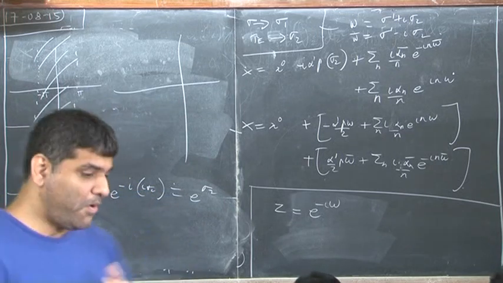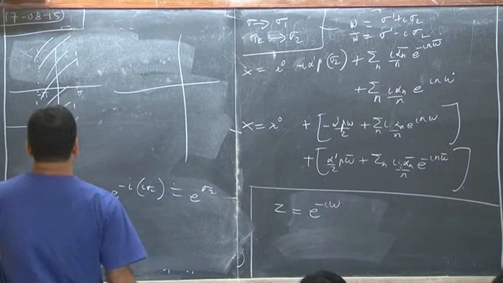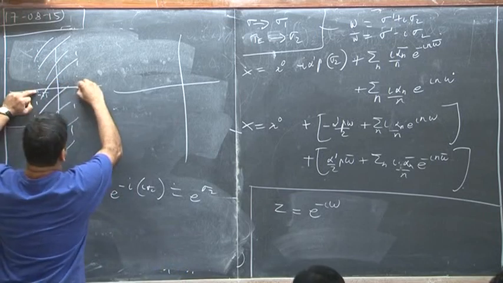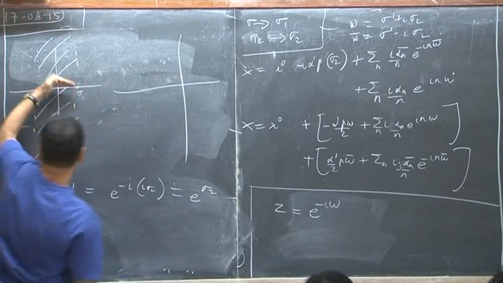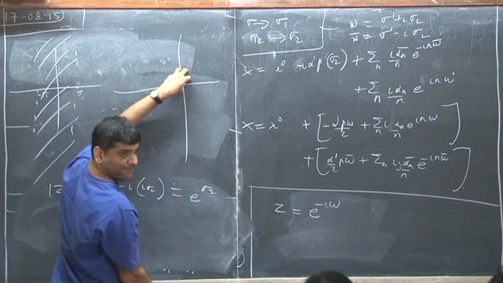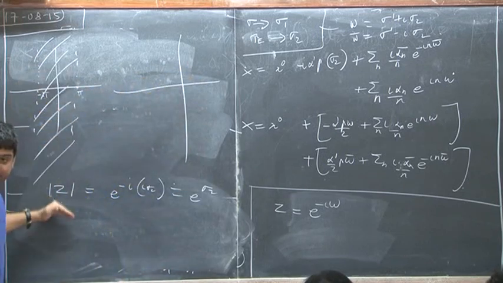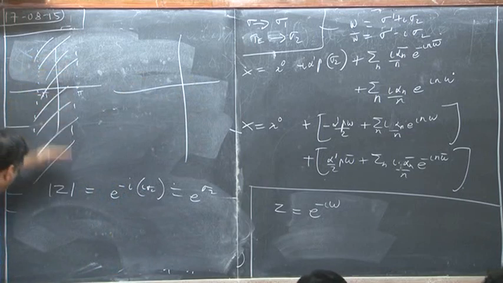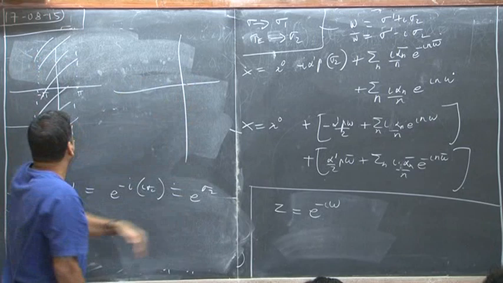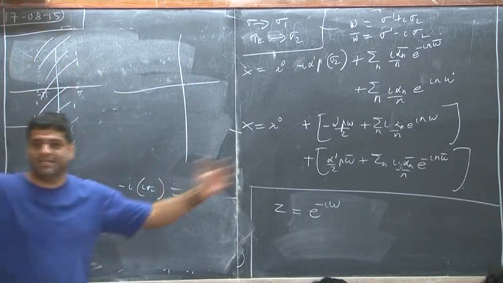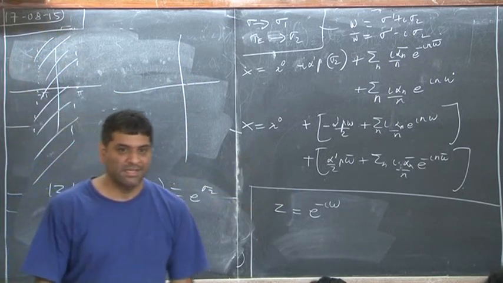So any point here maps to some place here, such that the modulus of Z is determined by where you are in sigma 2. If you go way down, the modulus of Z is very small. If you go way up, the modulus of Z is very big.